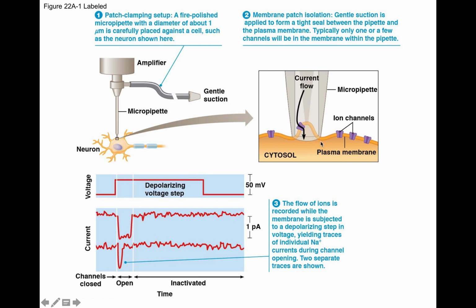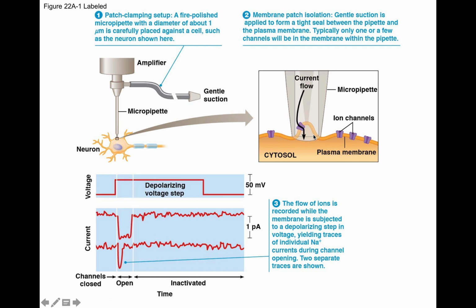It's called a gigaohm seal, so that there aren't going to be ions leaking around this electrode, so that if you measure a change in current inside this electrode, that is represented by the current that is going through that channel.